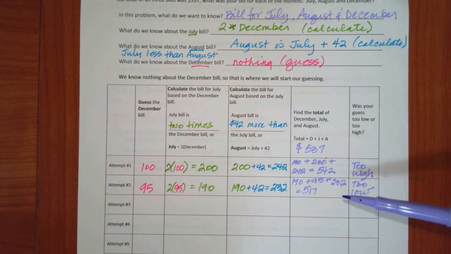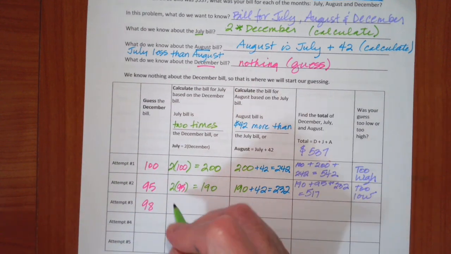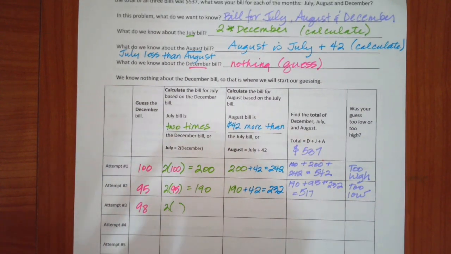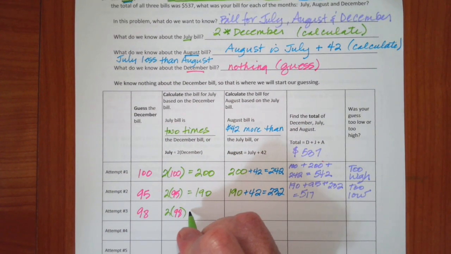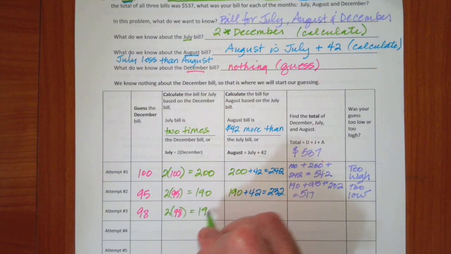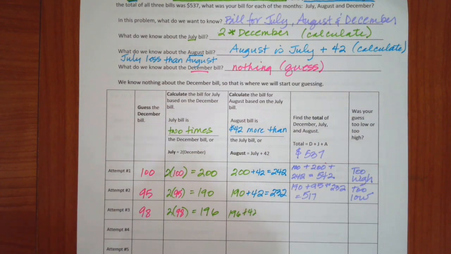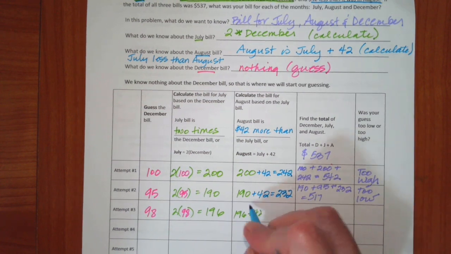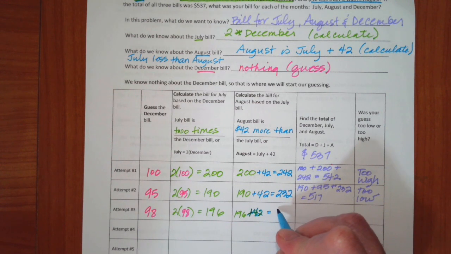Okay. Let's see. This is a lot closer than this, so I think I'll go to 98 next. So 2 times 98 gives me 196. 196 plus 42 gives me 238.